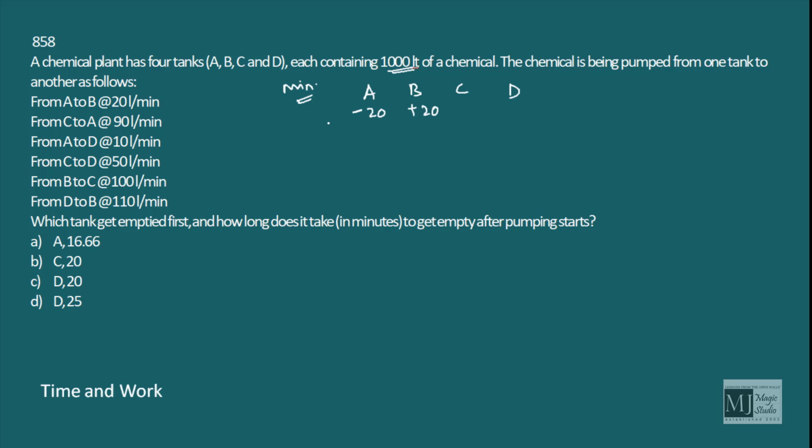C to A, 90 liters. AD, 10 liters. CD, 50. BC, 100.